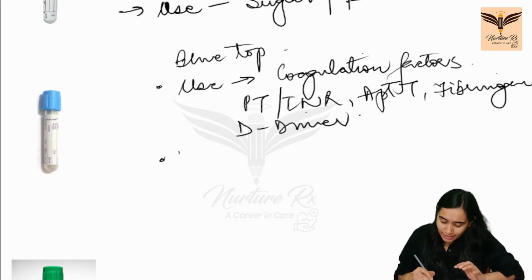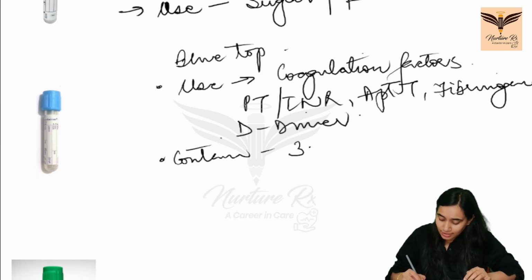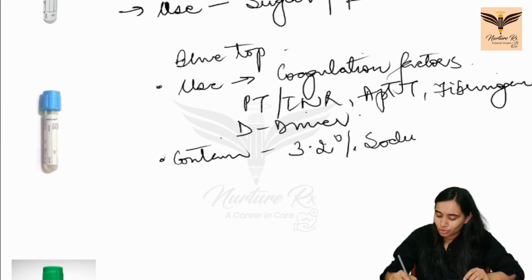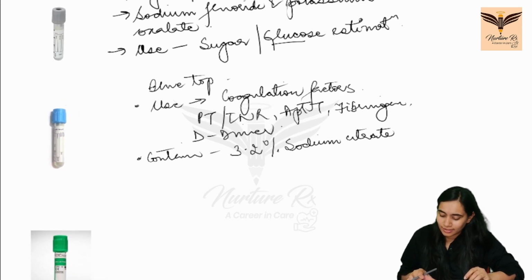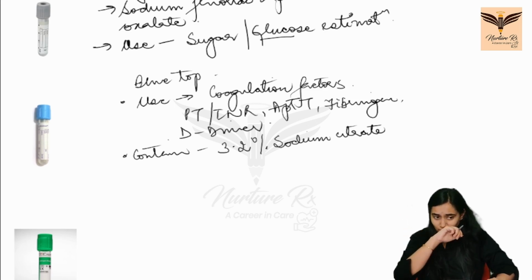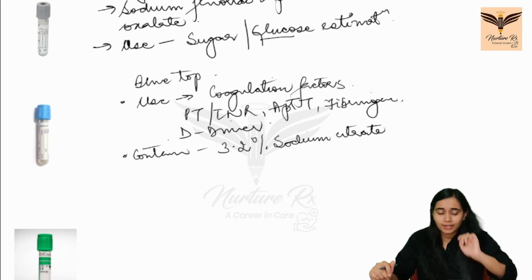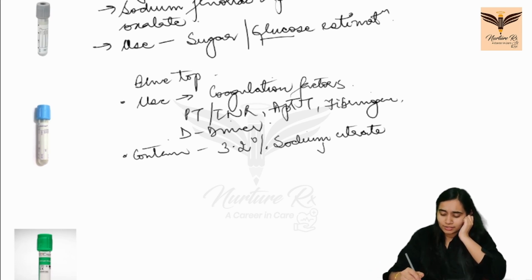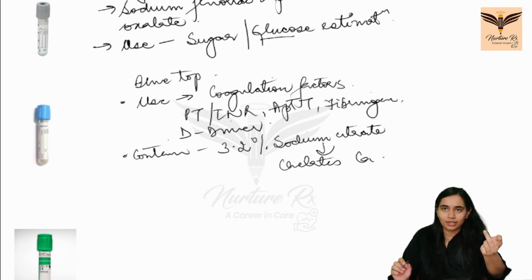Okay, all the factors that are responsible for your coagulation can be tested in this. Now, what does it contain? It contains 3.2% sodium citrate, right? What does this sodium citrate do? It again chelates calcium and stops the coagulation cascade.